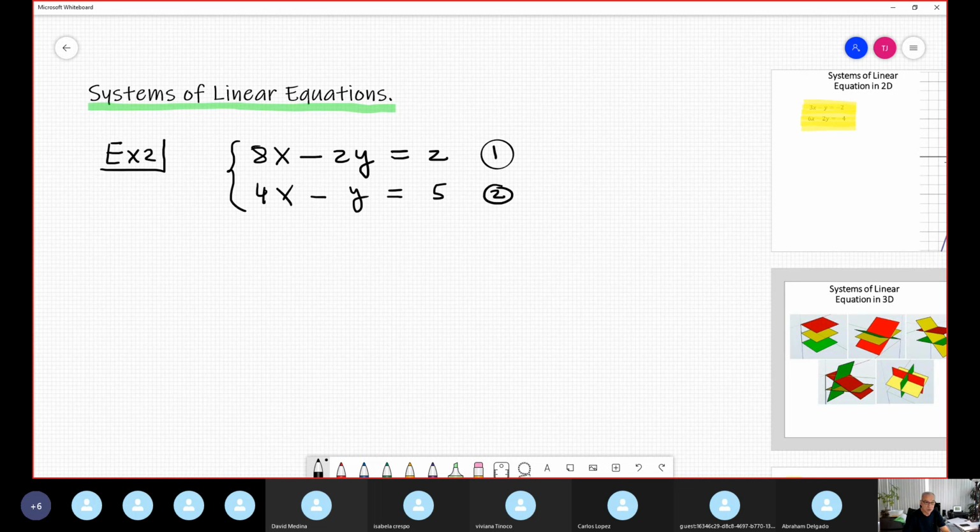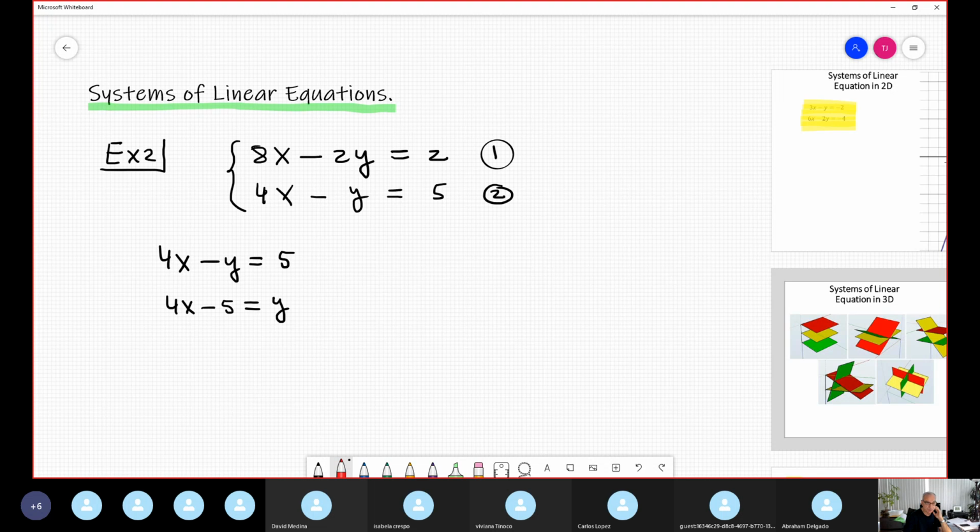You take equation 2, which is 4x minus y equals 5, and you solve for y. Okay, so you move y to the right-hand side, 5 to the left, I have 4x minus 5 equals y. Something like that. Okay, super.